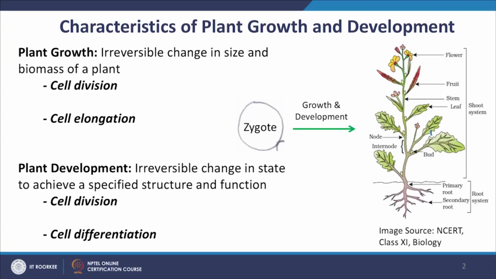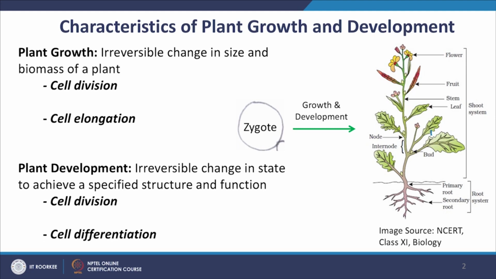The entire process of growth and development covers the formation of a complete structure, the complete three-dimensional body of a plant, from a single cell which is called the zygote.